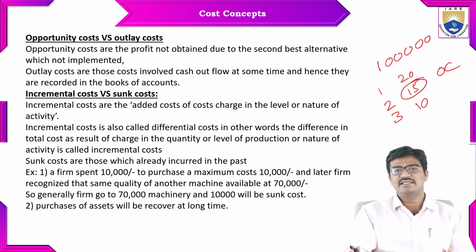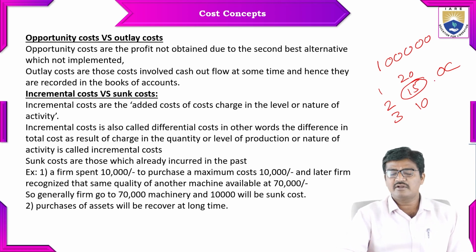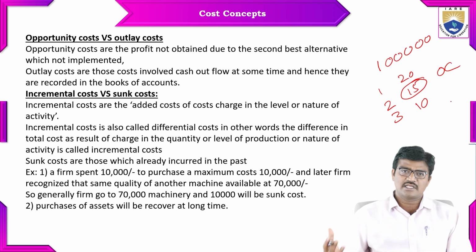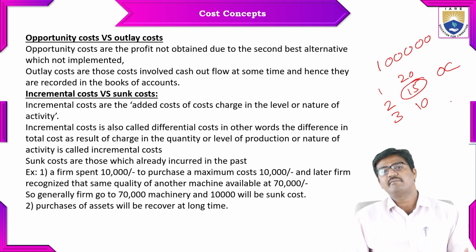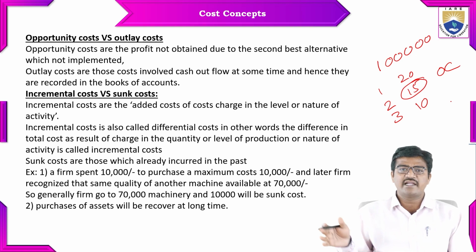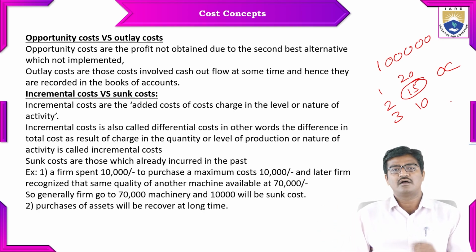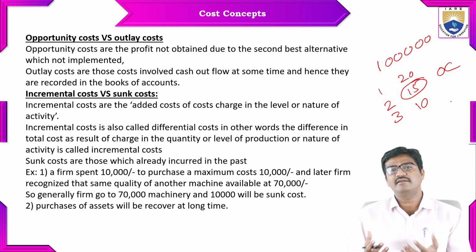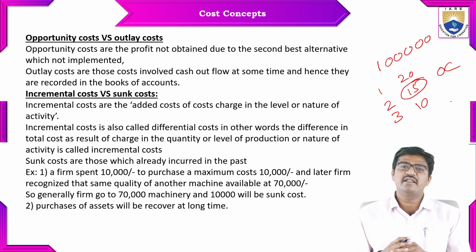In books of accounts, it is not shown as an expenditure, but wage payments or salary payments, electricity bill payments, raw material purchase, transportation charges, these kinds of expenses are all shown as expenditure in the books of accounts. These kinds of costs are called outlay costs, because they are physically paid and are going to be recorded in the books of accounts.